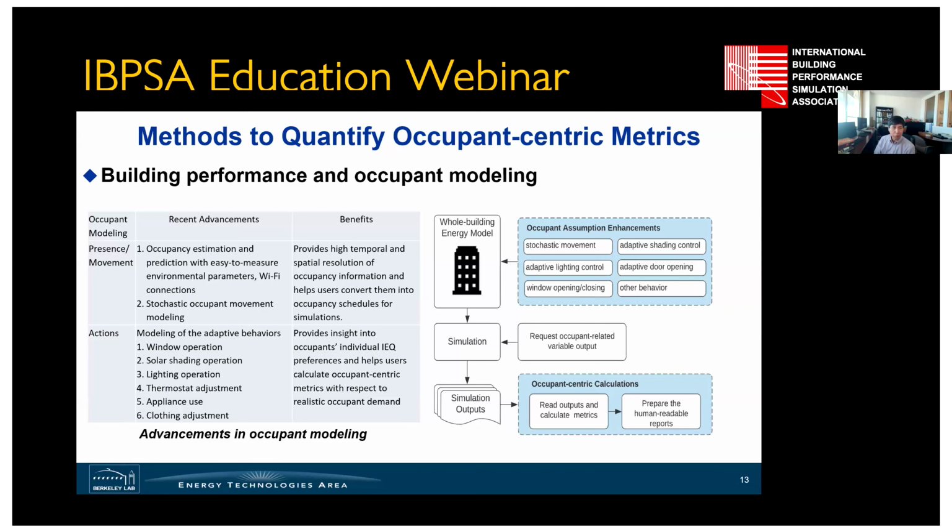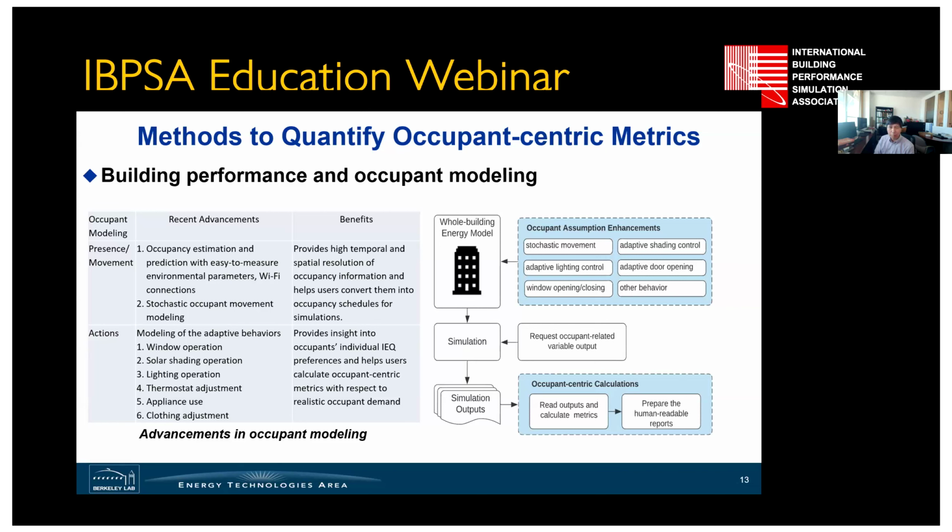The table shows all different kinds of models and tools developed to simulate occupancy in a building, to understand when or why a window is open by a certain group of occupants, lighting dimming, thermostat adjustment. Those models get developed, and you can definitely incorporate them in the traditional building performance simulation.